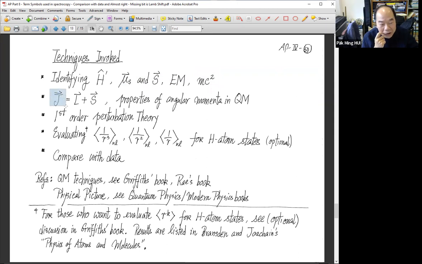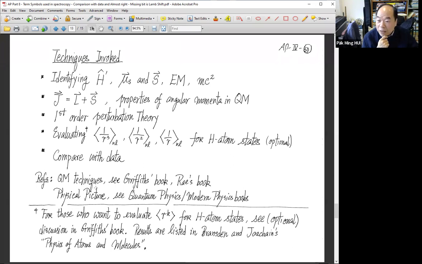We discuss total angular momentum and the rule for how to add them. Then we only use perturbation theory, nothing more than the things in our toolbox. In hydrogen, we need this integral. Depending on the situation, you may also want to do this. Then we compare with data, and we get a pretty close result.